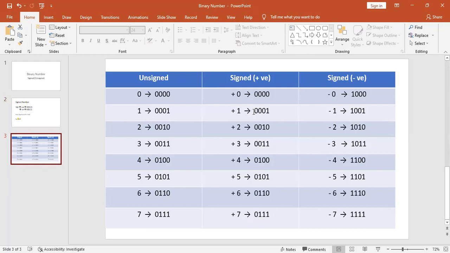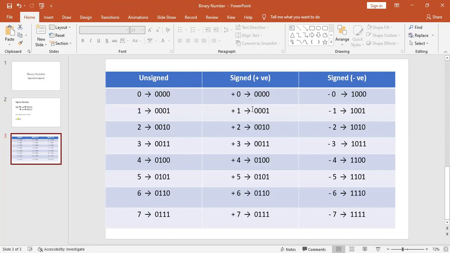Here you have 3 columns. The first column consists of unsigned numbers, which is the first type of binary numbers. In general, all of these are positive numbers. I have taken 4-bit notation. It could be 4, it could be 5, it could be 8. It depends upon your requirement. So 0 is represented like 0000, and so on.